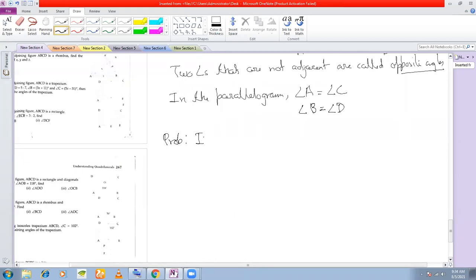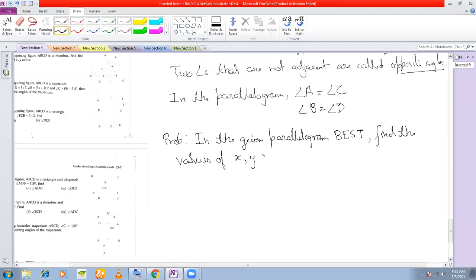In the given figure, in the given parallelogram BEST, find the values of X, Y, and Z. Okay, and the given figure here is this.